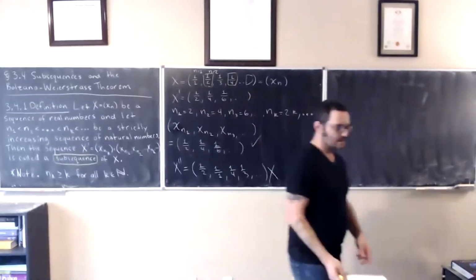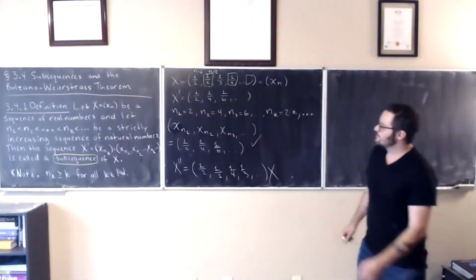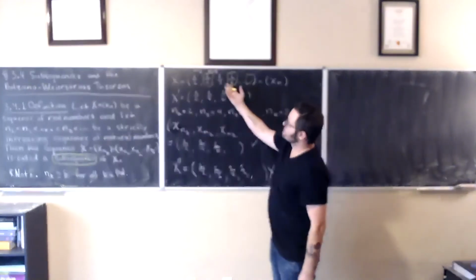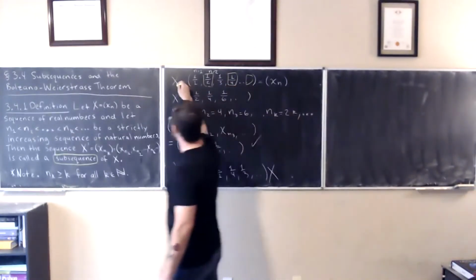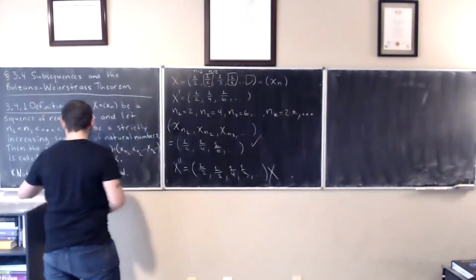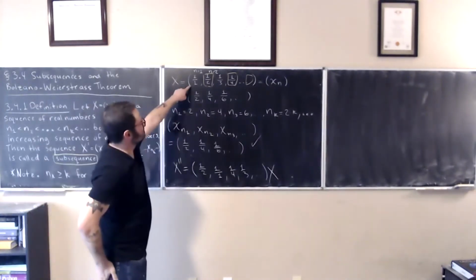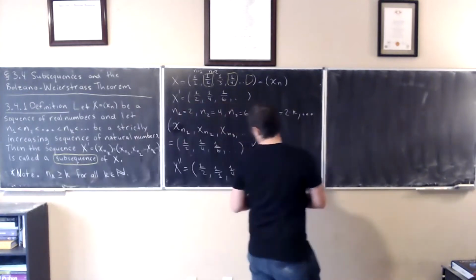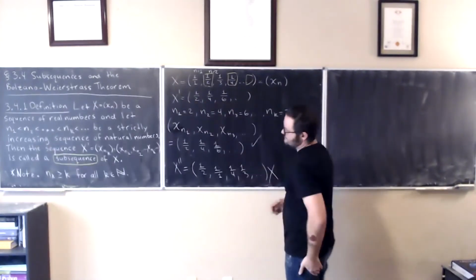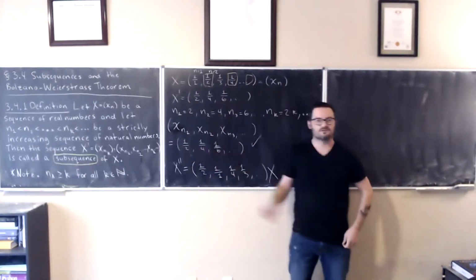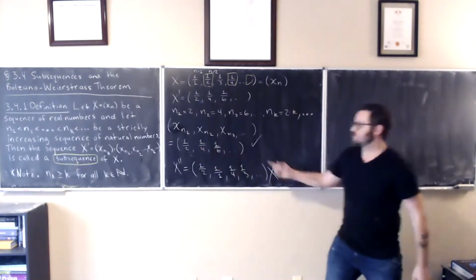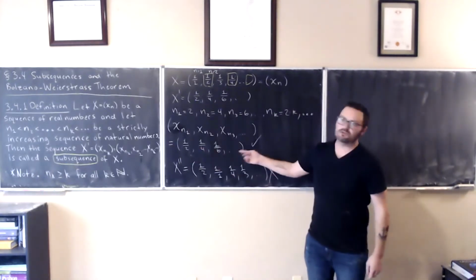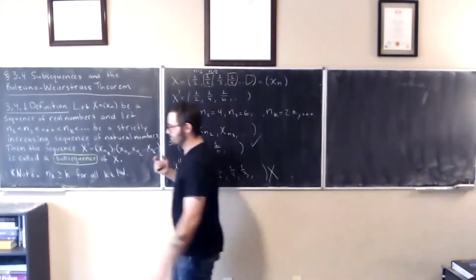Okay. Now it turns out, this sequence here is 1 over n, right? We know that this sequence is convergent and its limit is 0. If we look at this subsequence, we're also going to notice that it is convergent and it's also going to converge to 0.